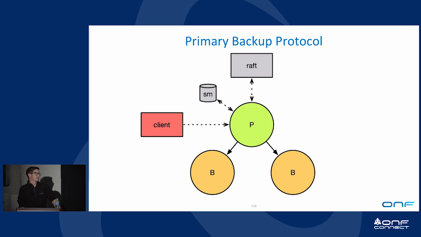The primary backup protocol, as it's implemented in Atomix, uses Raft to elect a primary node. Operations go through the primary. It replicates those operations to backups and applies them to a state machine. But there are some subtle differences that make it useful. One is that there's no persistent log in this case. It's a purely in-memory protocol, which is really the primary overhead of Raft.